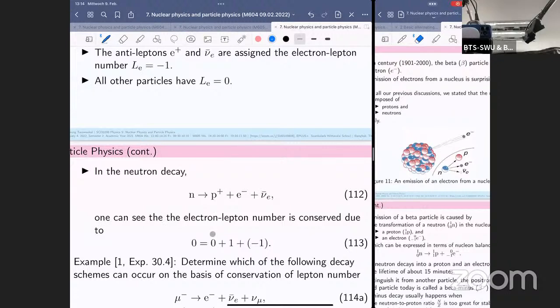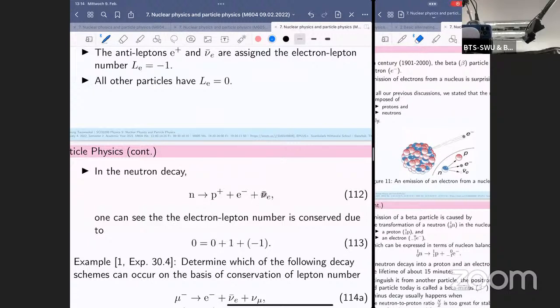Let's consider the electron lepton number. Of course, the neutron has no electron lepton number at all, so we have 0 at the left hand side. And on the right hand side, after the reaction of decay, the proton has also 0 electron lepton number, so we write down 0 here. Yes, the electron has +1 electron lepton number, right?